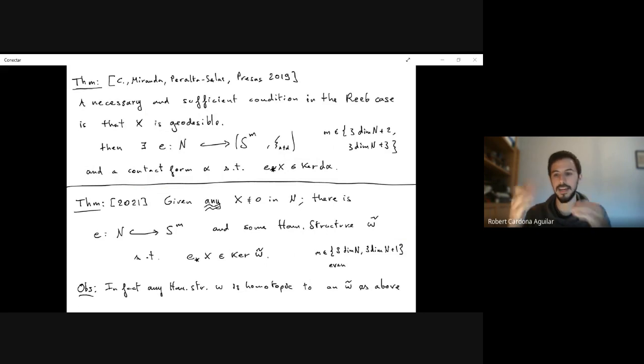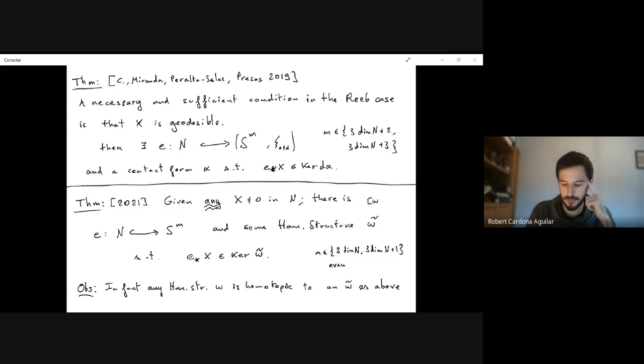Like you can prove that any Hamiltonian structure in the sphere is homotopic to one which satisfies this condition, and you can also fix the homology class of omega.